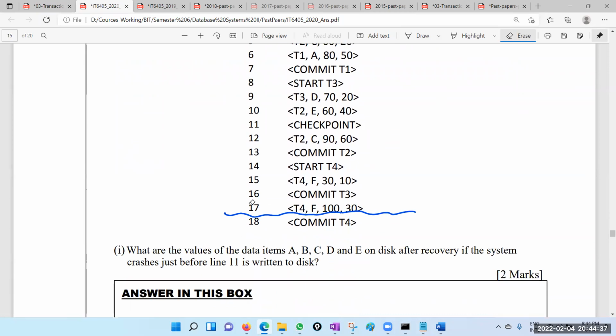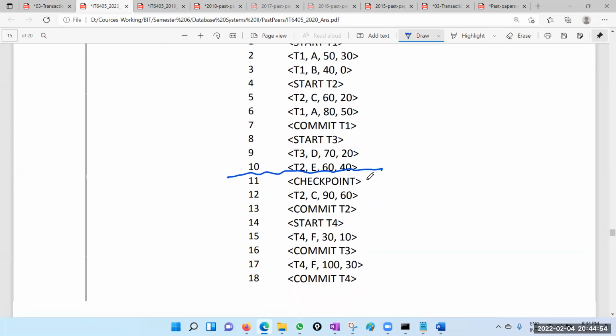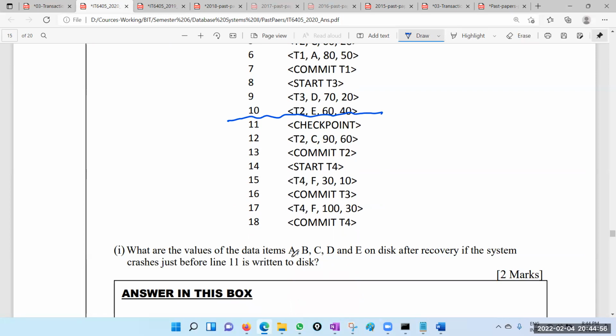What are the values of the data items A, B, C, D, and E on disk after recovery if the system crashes just before line 11? Just before line 11, this is where the crash happens.